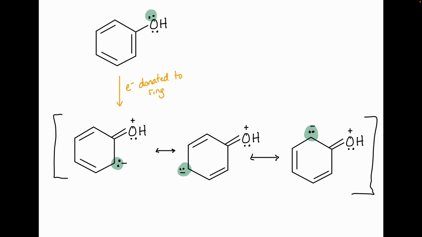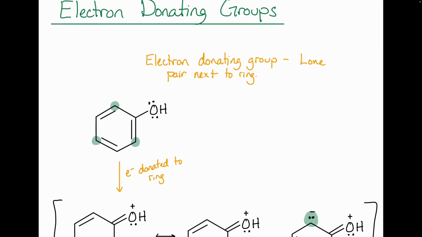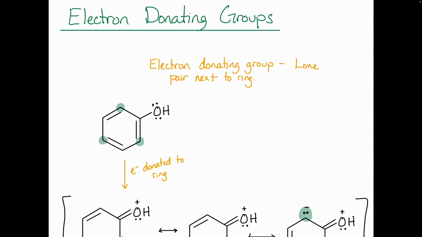It's really only every other carbon that gets hit with that pair of electrons: the next door neighbors, these ortho positions, and the para position on the opposite side of the ring. You can see that those meta positions get skipped. Okay, cool. So this electron donating group donates pairs of electrons specifically to the ortho and para positions.